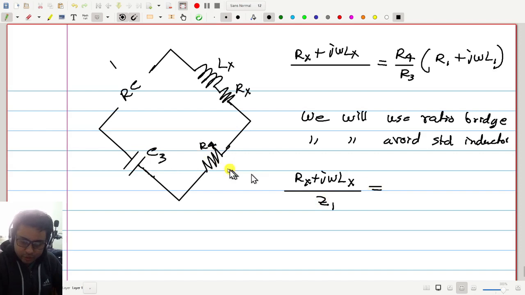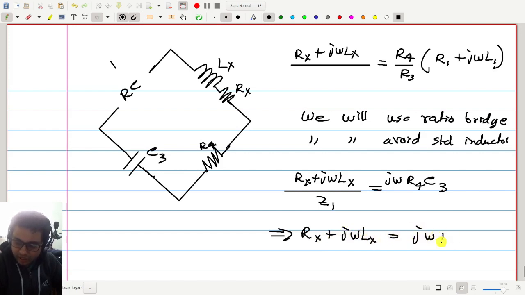Now we will equate this to R4 by this, so that will be j omega R4 C3, correct? R4 by 1 by j omega C3. Now from this we can write Rx plus j omega Lx is equal to j omega R4 C3 Z1.